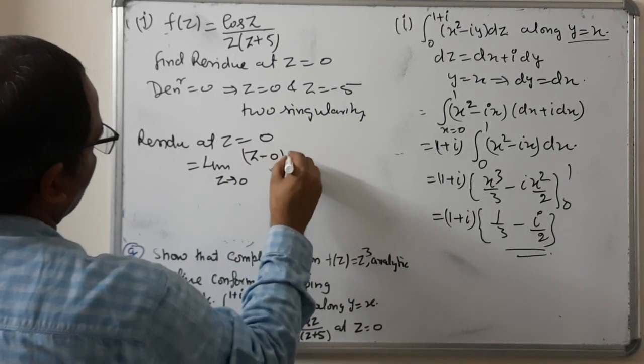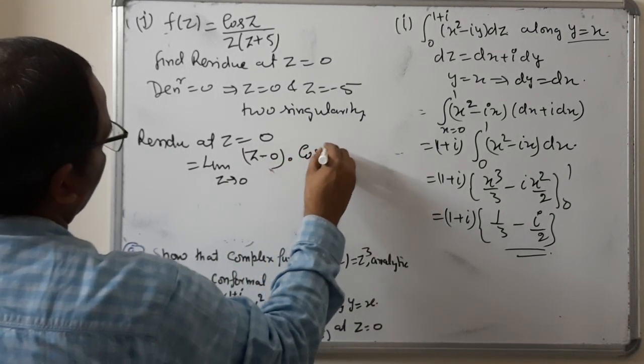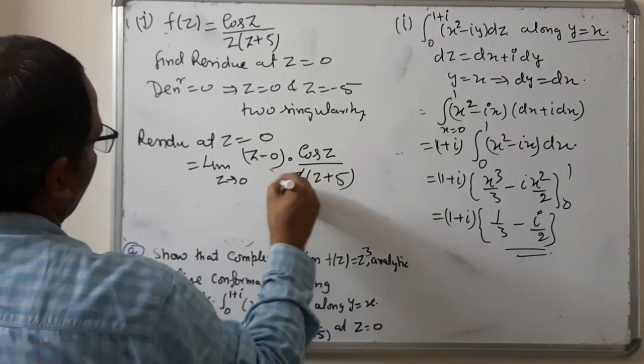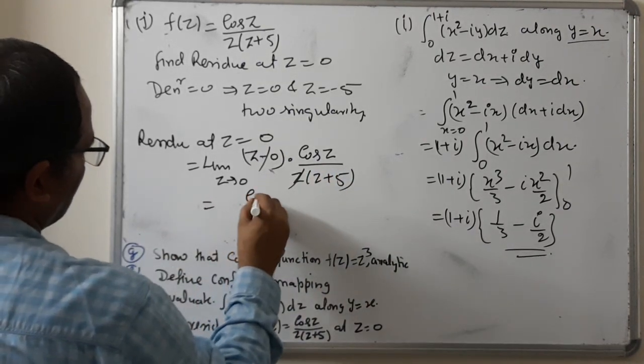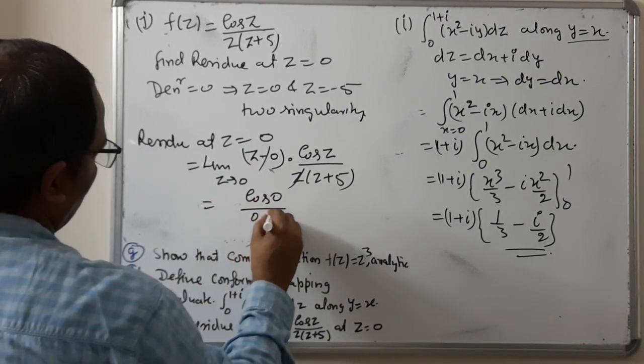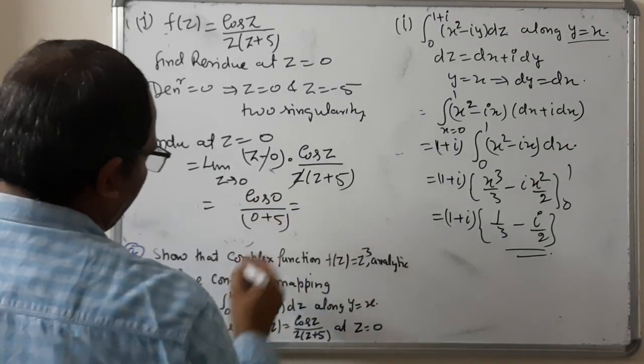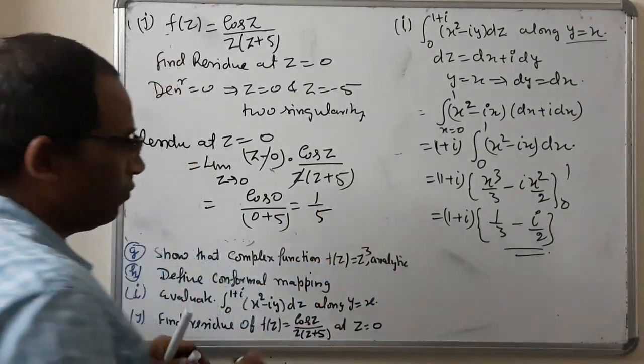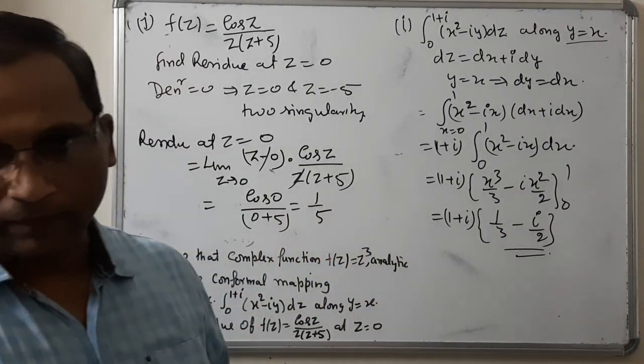So z minus 0 times f(z), where f(z) is cos z upon z times (z plus 5). This cancels out, leaving cosine of 0 upon 0 plus 5. Cosine 0 is 1, so that is equal to 1 upon 5.